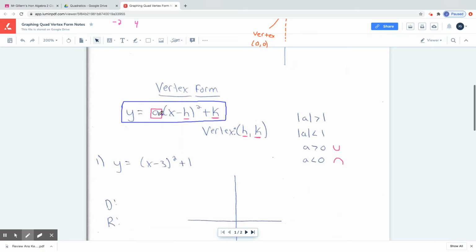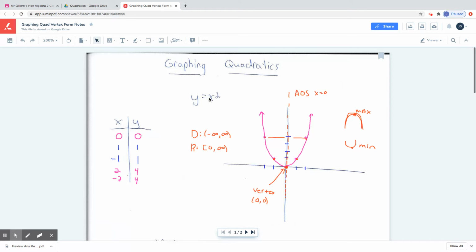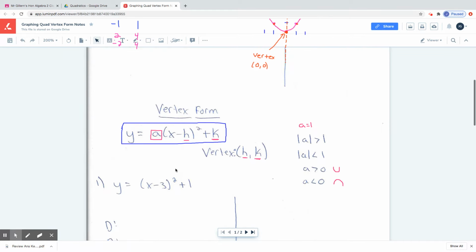This number is also going to tell us the width. Our normal, if it's just equal to 1, which we had in the previous problem in our basic shape, right? In our basic shape, there is no number in front of x squared, so it's just 1. When a is 1, we call that normal width, or sometimes standard.